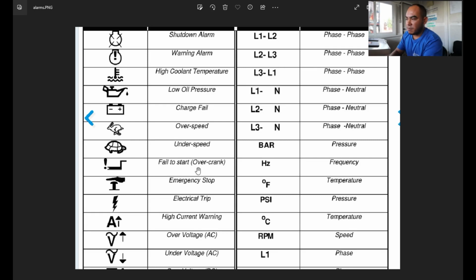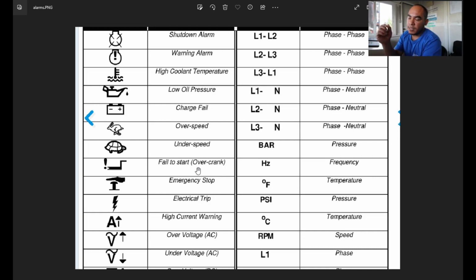So next, the symbol like this is fail to start. A lot of people ask me what type of symbol this is, as they cannot identify it. So this one is fail to start. Fail to start means you try to start your generator and it is only cranking.